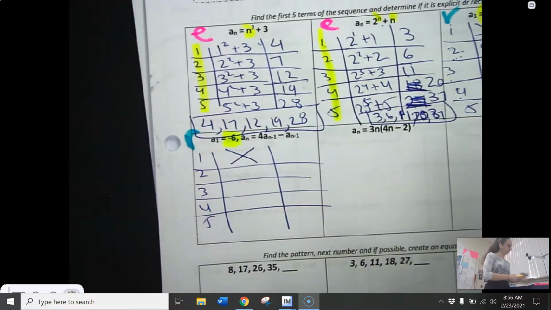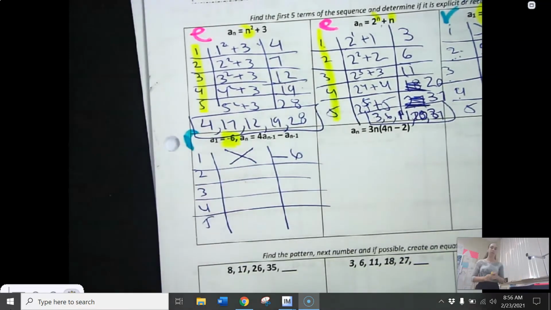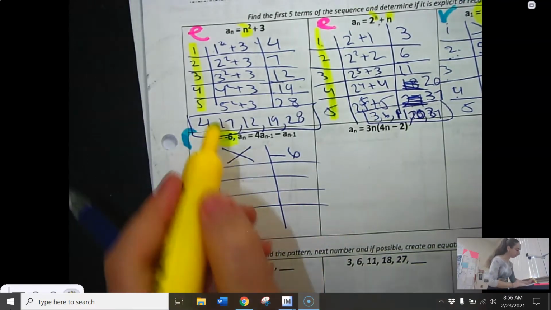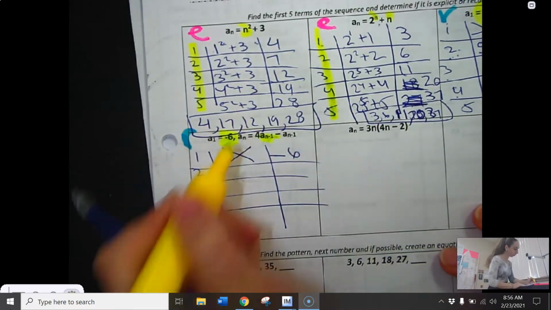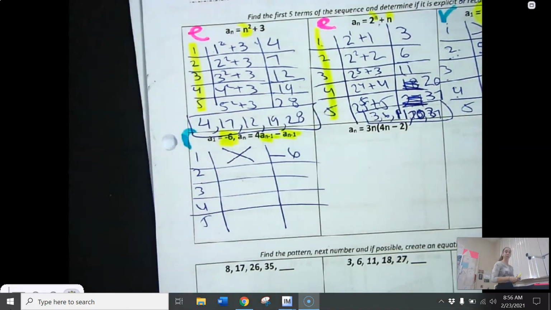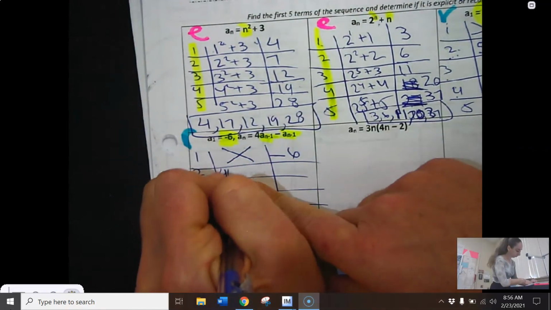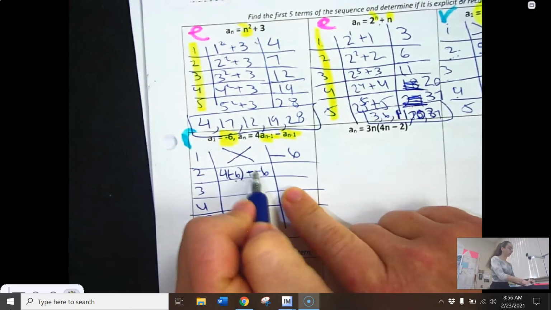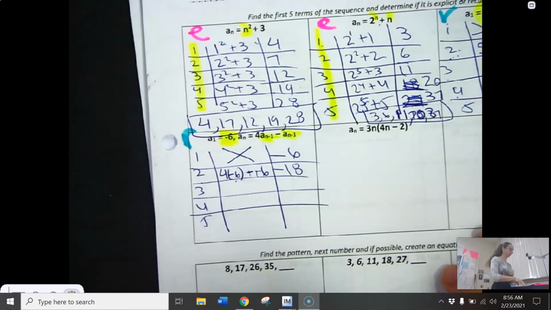I told you the first one, it's -6. But then for the second term, you have to go to the first term, and every time you see an a sub n minus 1, you have to plug in -6. -24 plus 6 is -18.